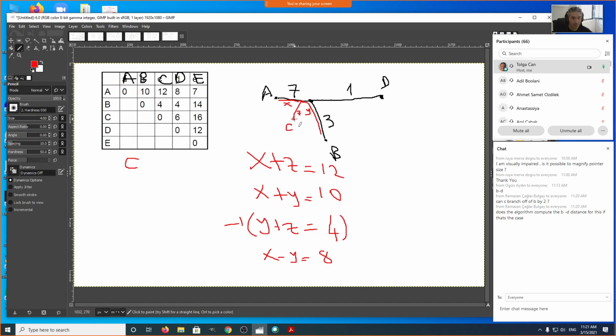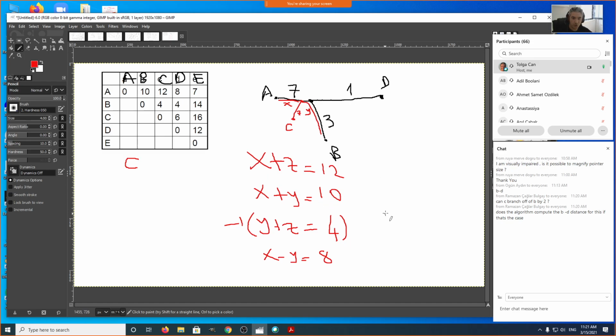But if this branching is not from an existing node, it will also be correctly putting C and respect the distance between C and D in the matrix. And we'll see that, for example. If the branching is not via an existing node, we'll see that the distance between C and D, or the distance between all of them, will be correct in the tree.